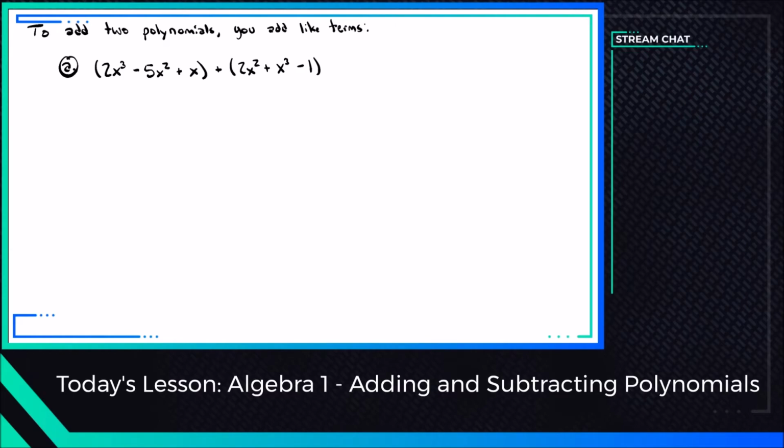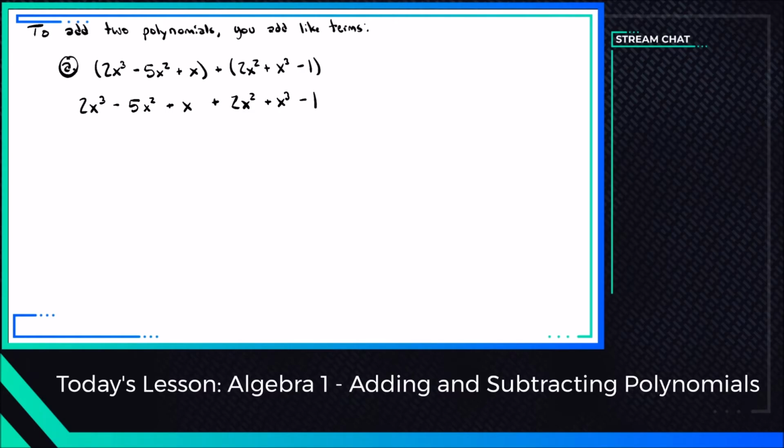We're just going to simply add our like terms together, like we've been doing all year. Nothing is going to change compared to normal. All right, so first thing we're going to do is drop the parentheses on both of these polynomials. So just 2x cubed minus 5x squared plus an x plus 2x squared plus x cubed minus a 1.